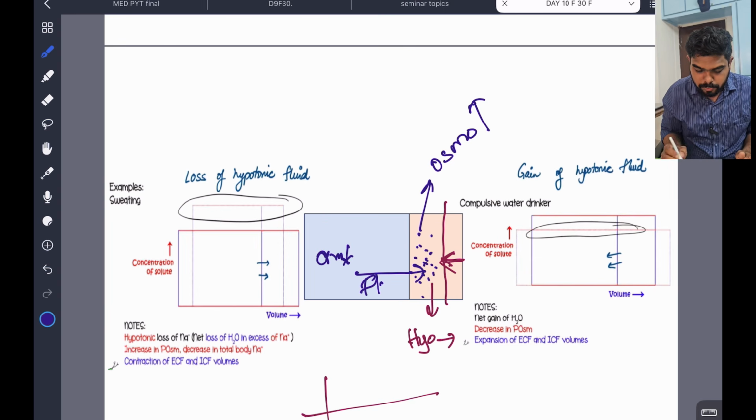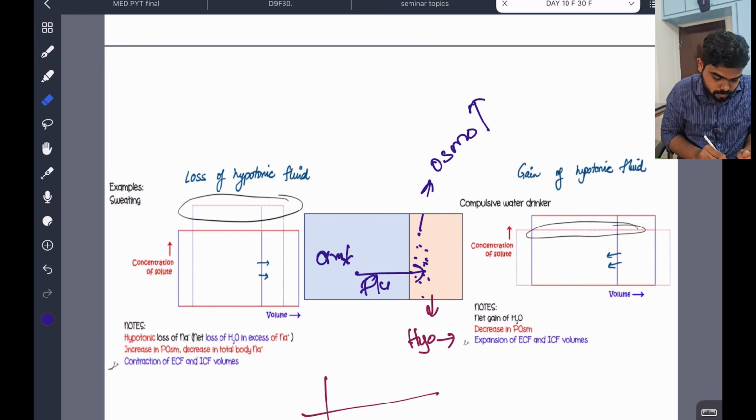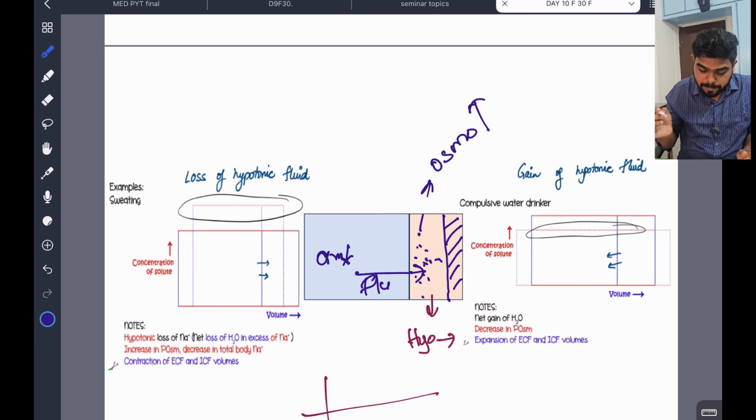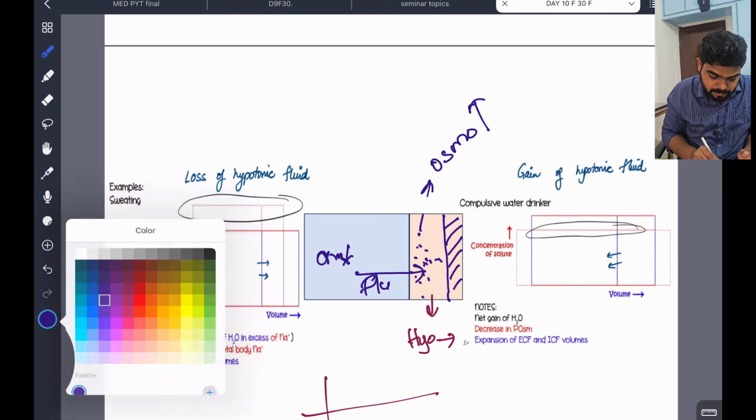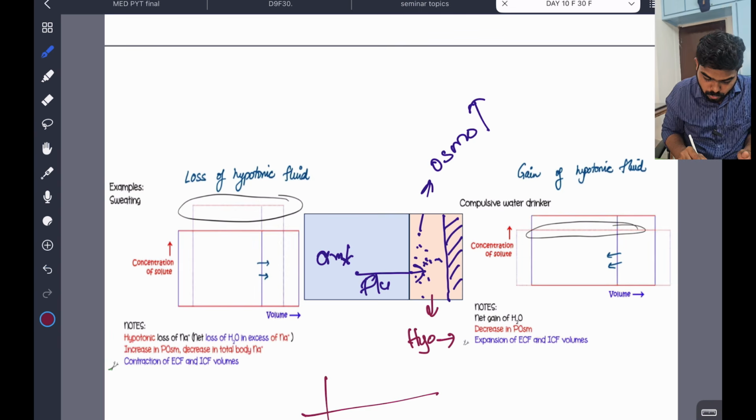Initially this much volume is reduced, this much hypotonic volume is gone, so osmolarity increased. Then the fluid will shift from here to there.